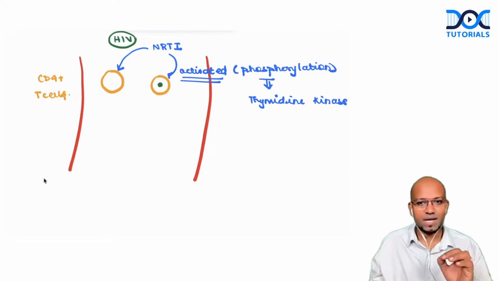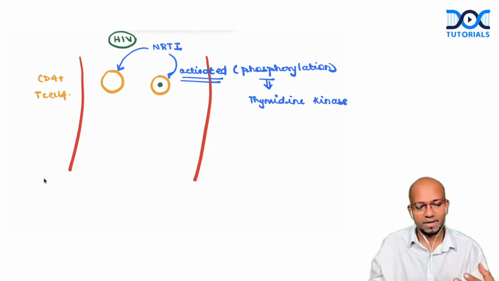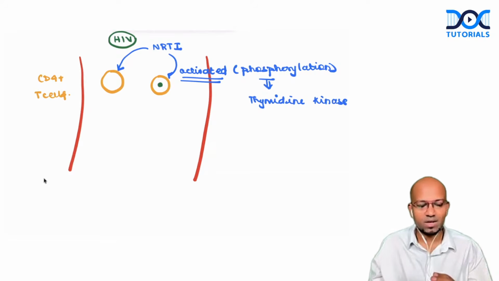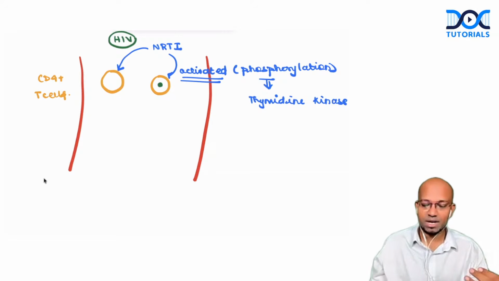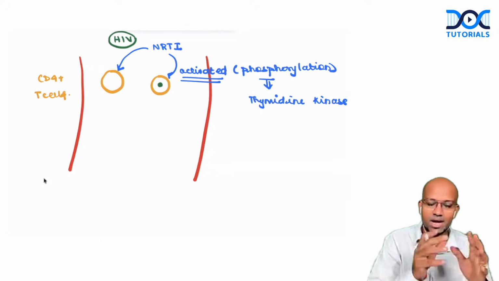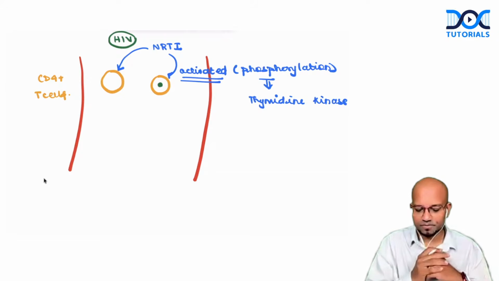So this kinase enzyme will be involved in phosphorylation, thereby NRTI will be activated, which leads to its mechanism of action, that is reverse transcriptase getting inhibited inside only those cells which are infected with the virus. Whereas it will not get activated because the HIV specific thymidine kinase will not be available in a normal cell. I hope you can understand the basic difference between these two.